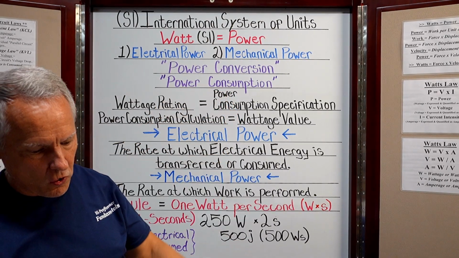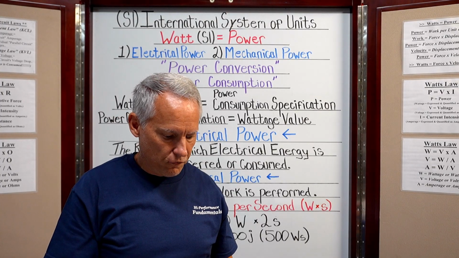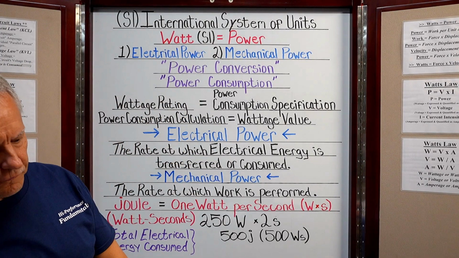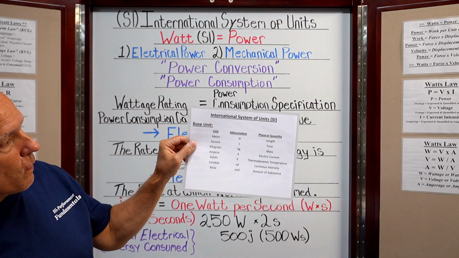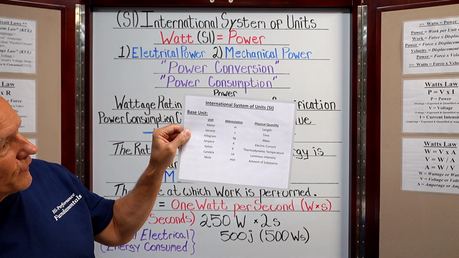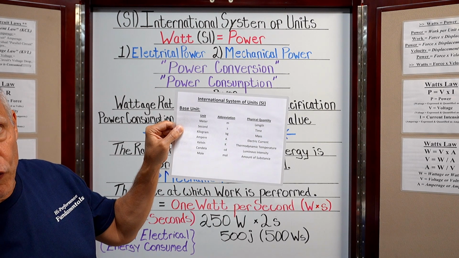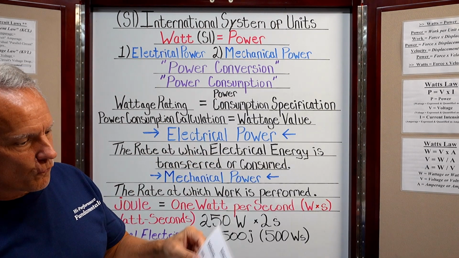And it goes on and on. There are many more for all different things. For what they call base units: meter, second, kilogram, ampere, which is the capital letter A for electric current. And like I said, there are several of them.